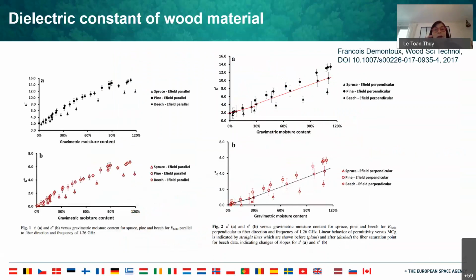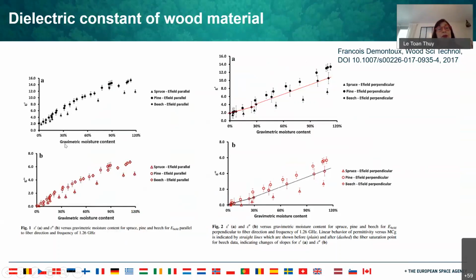Something about the dielectric constant, which depends on the number of water molecules inside the trees. Here is the team from Bordeaux measuring the dielectric constant of wood with wood samples.